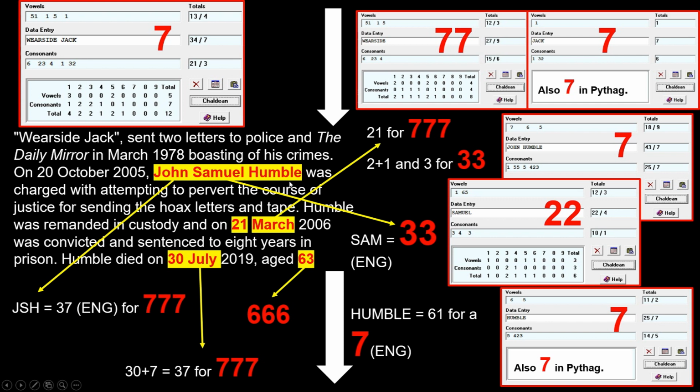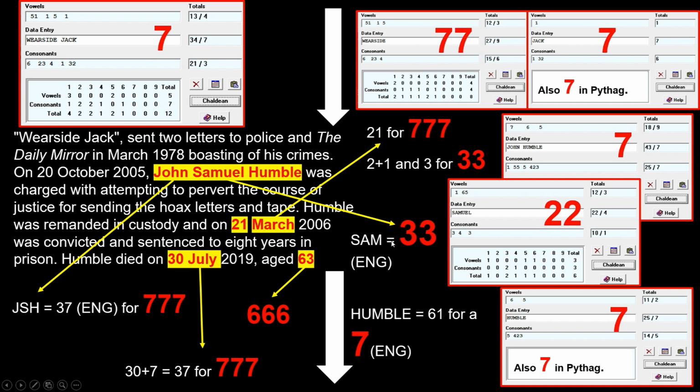And the last person that was mentioned, I think, was Patricia Tina Atkinson. And her initials added up to 37 too for 777. Okay, so also John Samuel Humble, or Wearside Jack as he was known, has Sam in it.